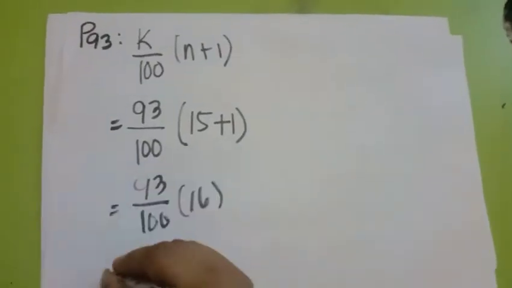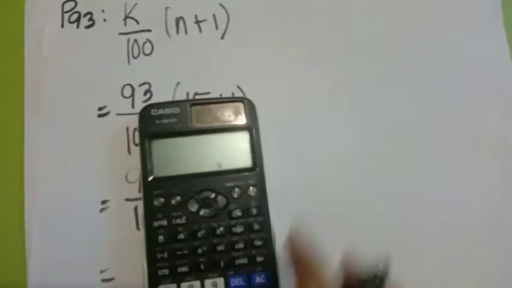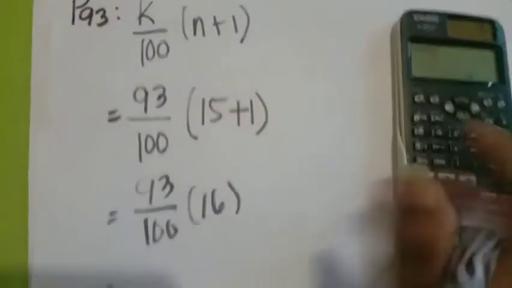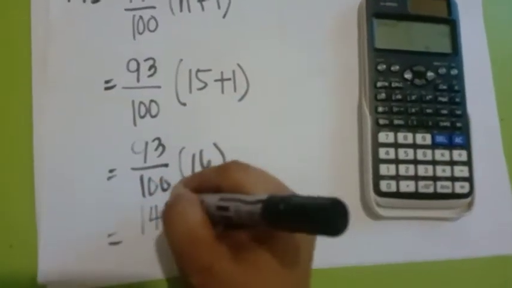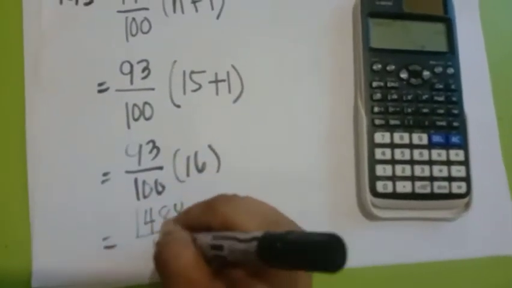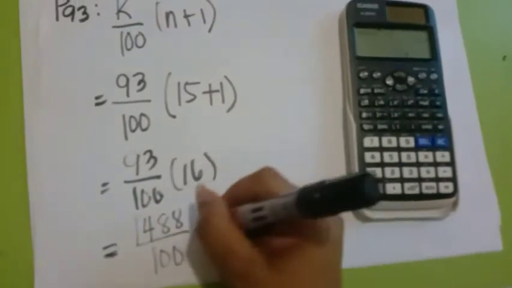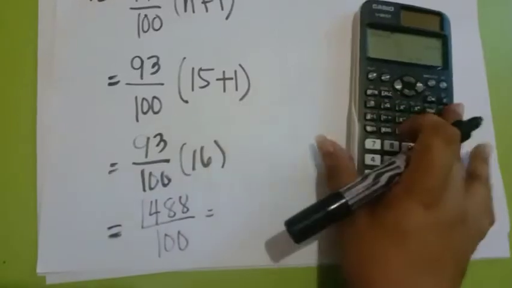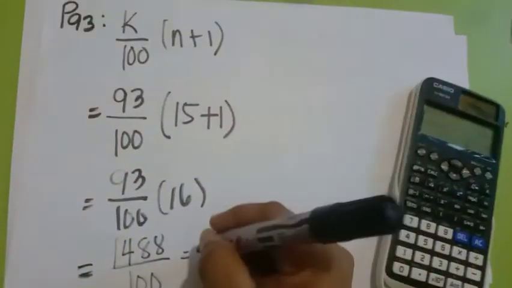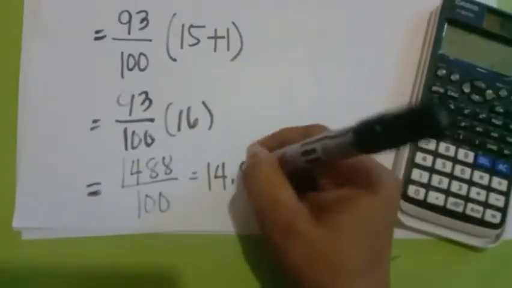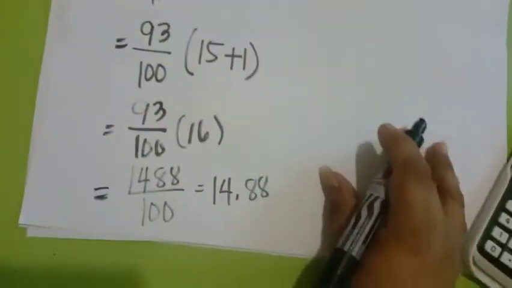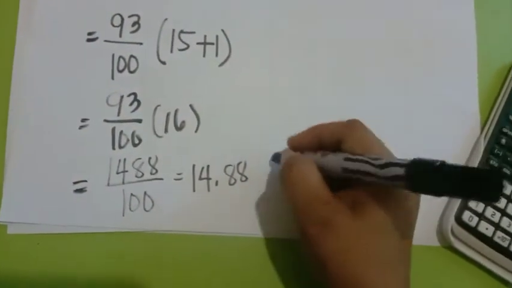Then you multiply 93 and 16. 93 times 16 is 1,488. And then divided by 100. I-move nyo lang yung dalawang decimal place, o kung ayaw nyong mag-move, sige, divide nyo using calculator. 14.88.